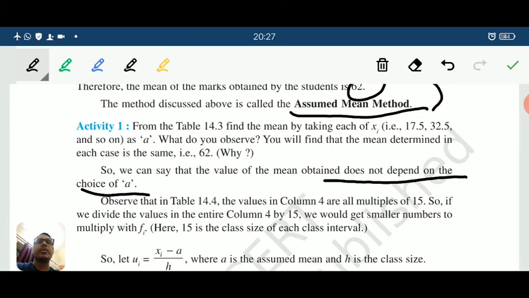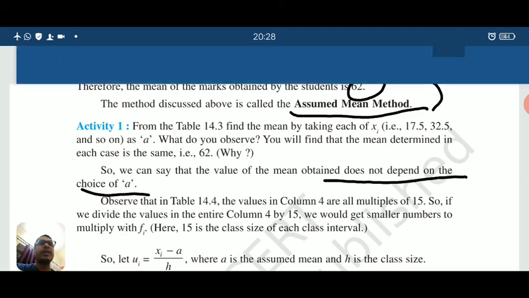It is your wish, but it is advised that you take the middle values so that things become quite easier. Any which way you can take anything, and the answer will be the same in all the cases. If you change the value of a, it's your choice. So let us go for a little more precise method, which is the step deviation method.